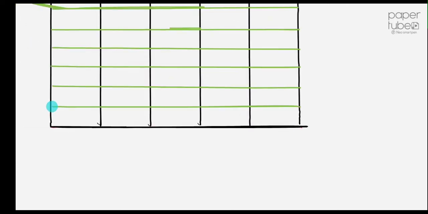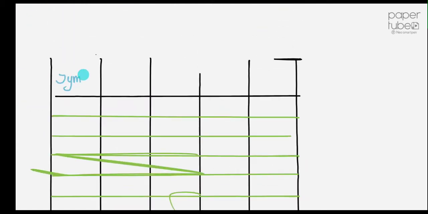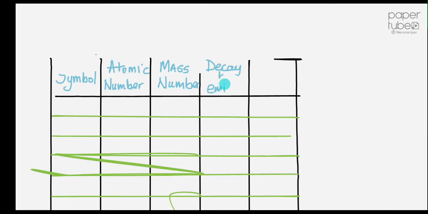I'm going to change colour now. I'm going to write in the word symbol, atomic number, mass number, sometimes called atomic mass number, decay by, emitting, leaving.